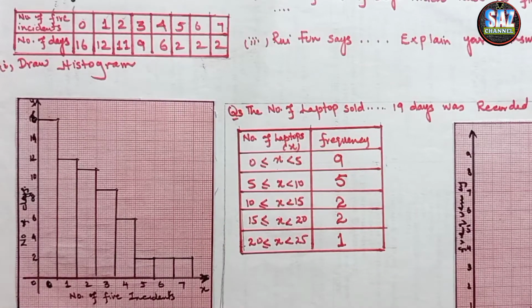Oh, histogram is done. Very neat histogram, and it's really important to mark the title of the graph as well. Number of fire incidents occurred in the city.